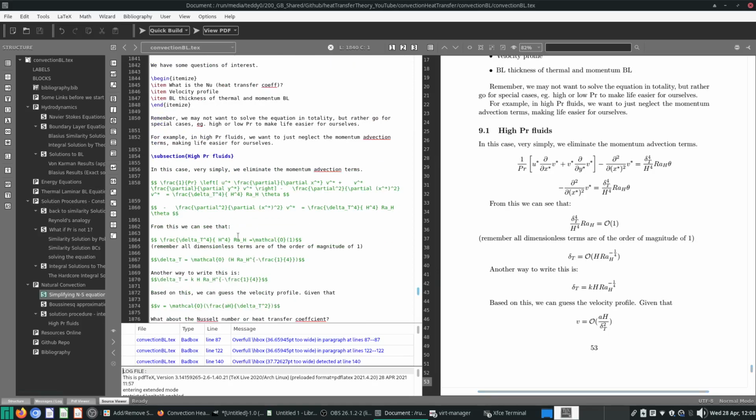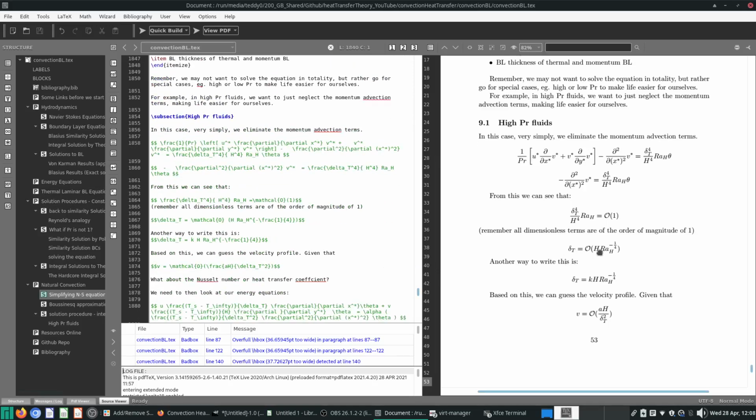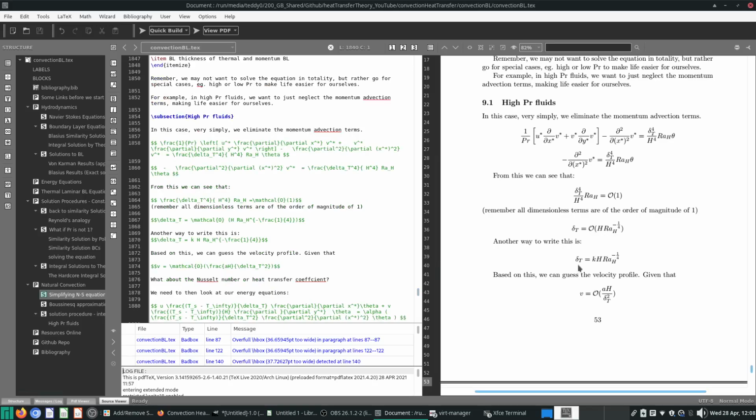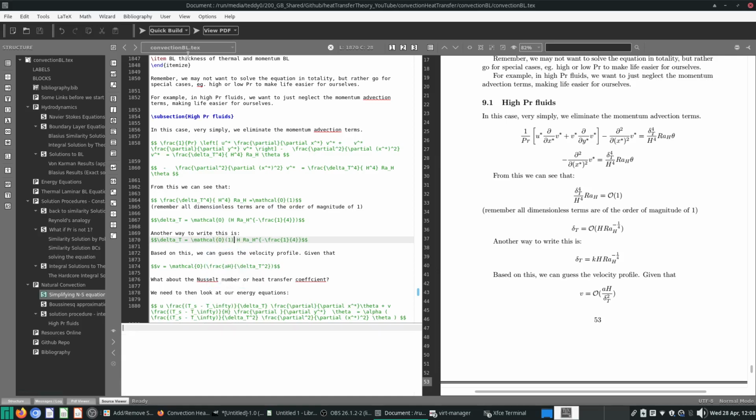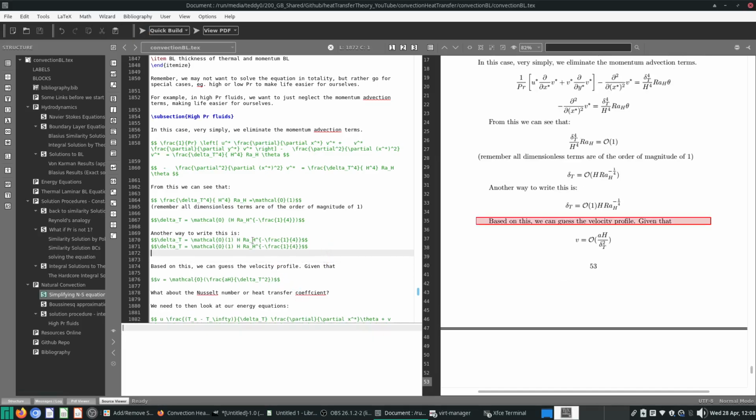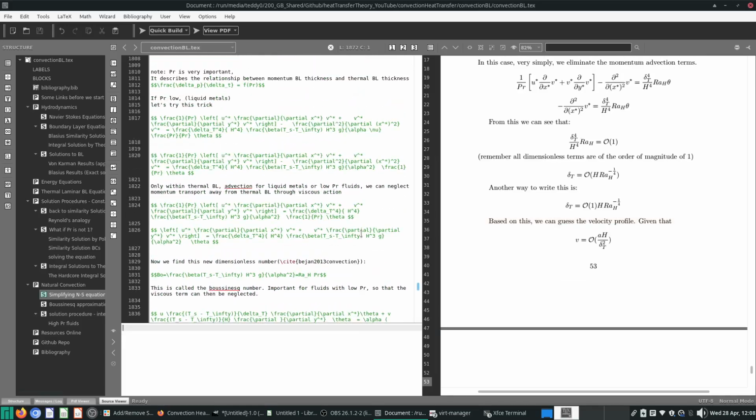Let's make it clearer here. Instead of using k, I will just use the calligraphic O, order of magnitude of 1. Just to make sure that you can see its dependence on H, I will substitute back the Rayleigh number here.